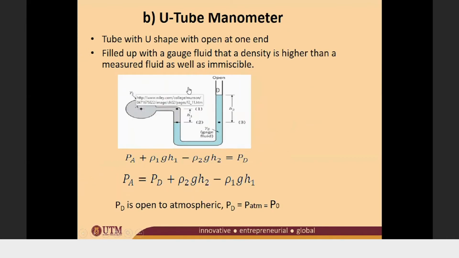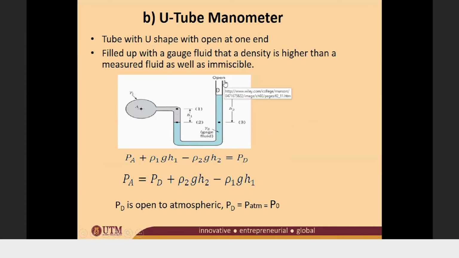Okay, so now we extend this concept into the U-tube manometer. It's called a U-tube manometer because it's a U-tube. Let's say you want to measure PA. How are you going to do this? There are actually two methods.